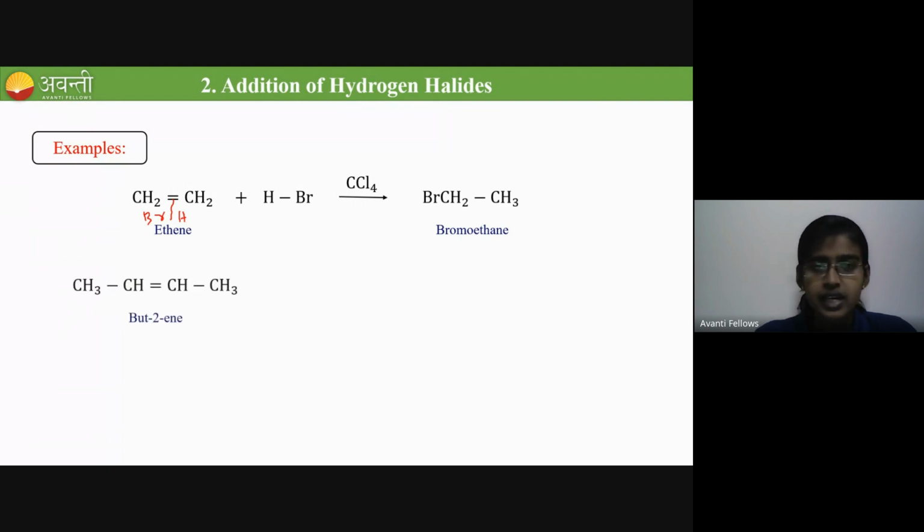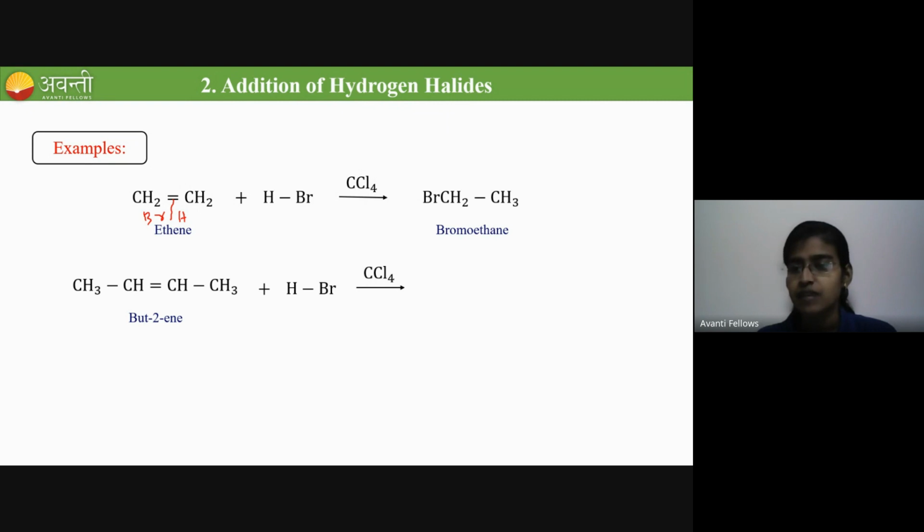So if I take butene and add HBr to this in presence of CCl4, I will get one product, right? Can anyone give me the name of the product that we obtained from this reaction?